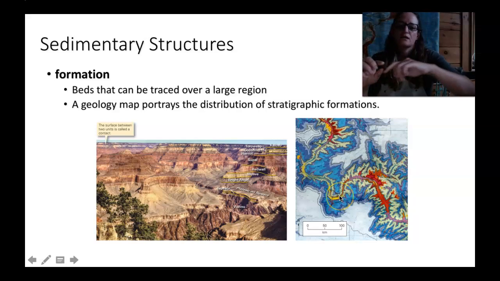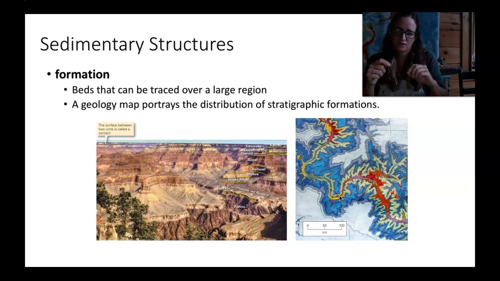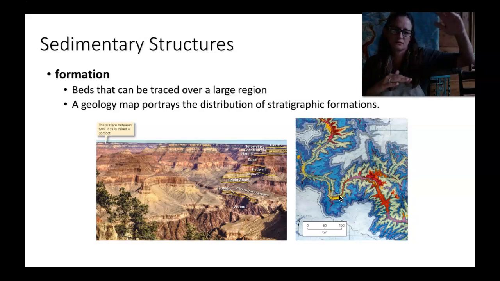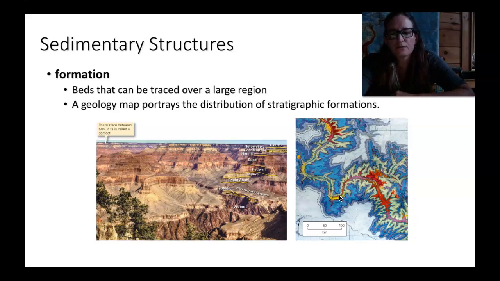Above that, mimicking the topography, they parallel the contour lines because they're flat line contacts, are going to be different sedimentary layers. So each of the different colors on the map represents a formation, which are these mappable rock units.